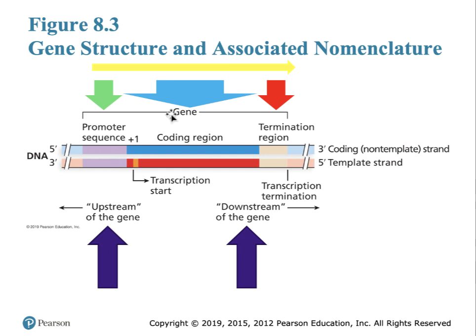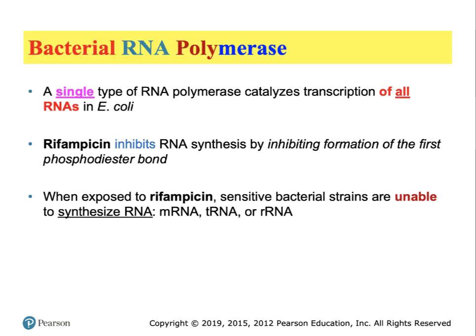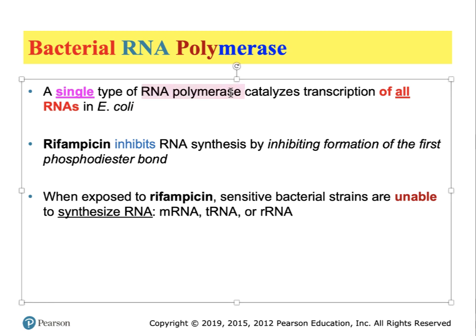Additionally, for this particular gene, the terms upstream and downstream are indicated, and these are analogous to a flow of water down a river, upstream being where the water originates, and downstream is where the water is heading. In bacteria, all bacteria, they have evolved a single type of RNA polymerase enzyme for copying all their DNA into RNA.